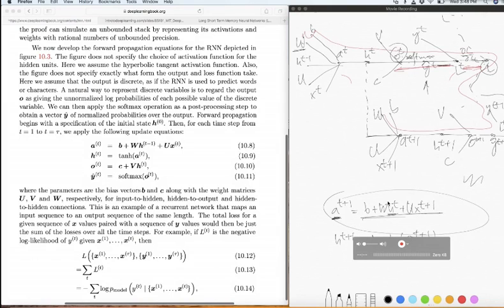You can see that in this particular equation that we wrote: W HT plus U xT plus 1 plus B will give you AT plus 1. So that's what is happening over here. This dotted line is giving you a link between HT and the variables at time T plus 1. So this graph is basically going to guide us into writing the gradients correctly.